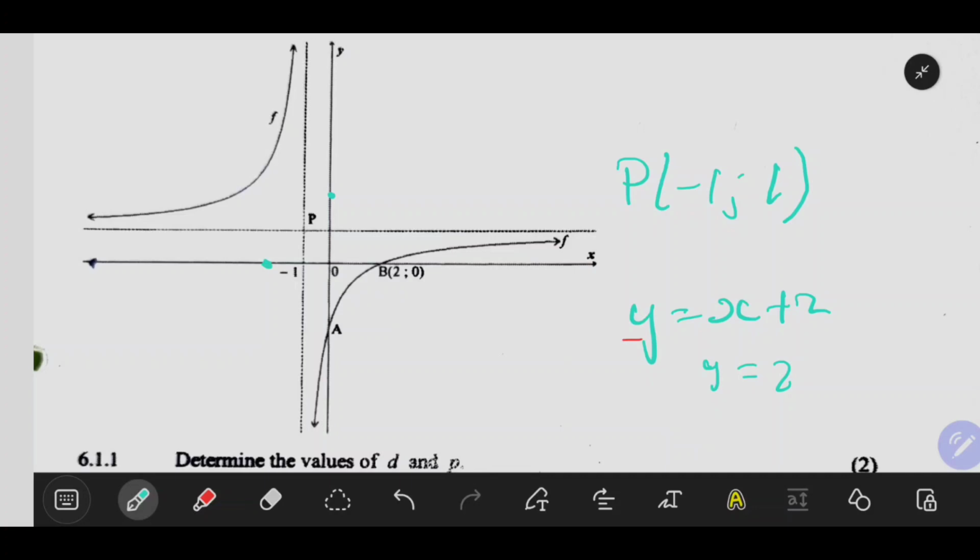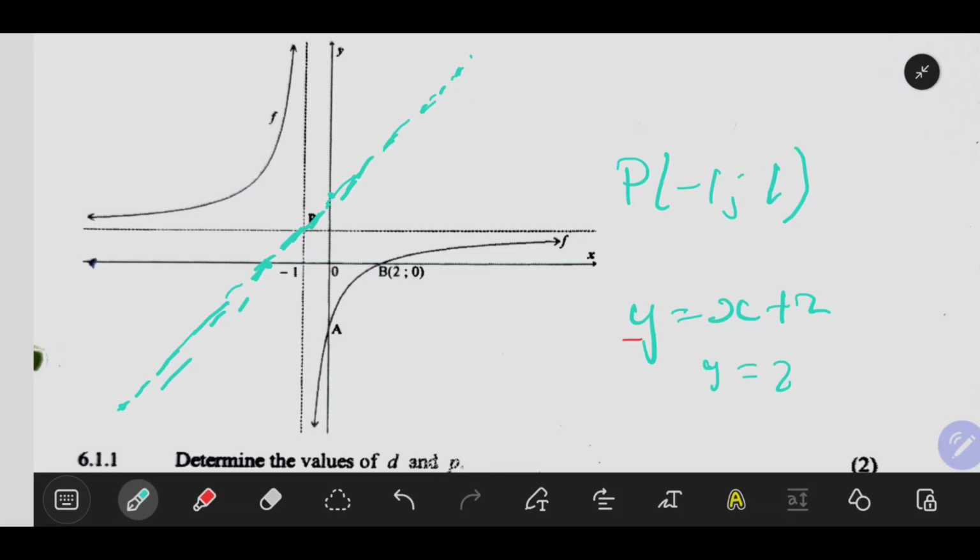So the axis of symmetry that they're talking about is a line here. This is the line of the axis of symmetry.